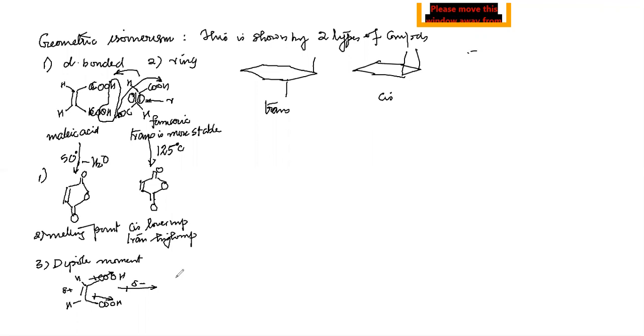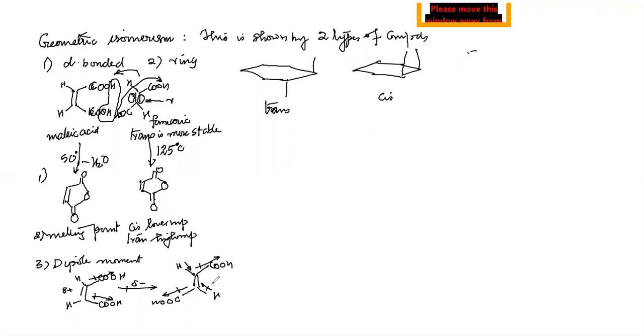But in the case of the trans compound, COOH and COOH, the dipole moment is in this direction, but here the dipole moment is exactly in the opposite direction. And here also H in this direction, and here in the opposite direction.